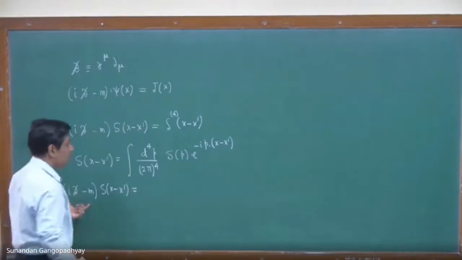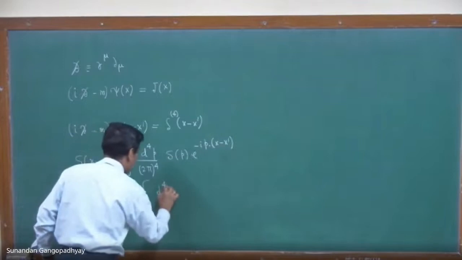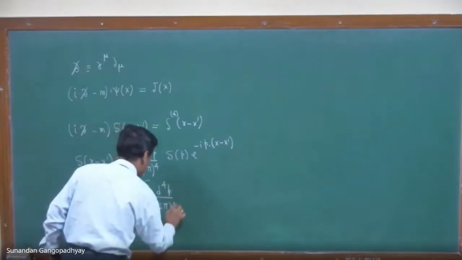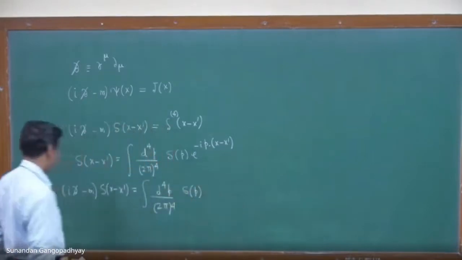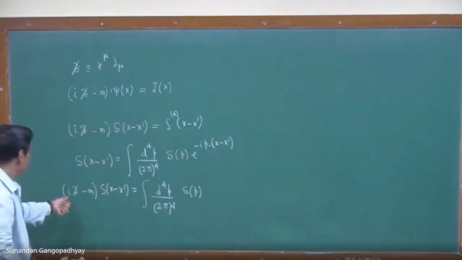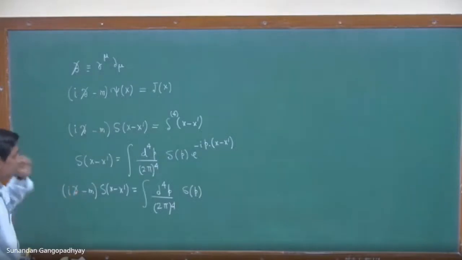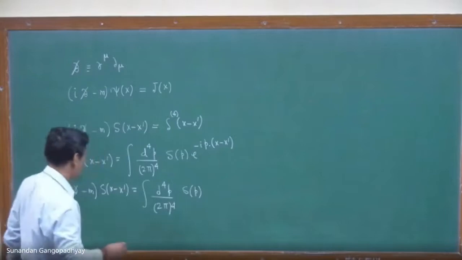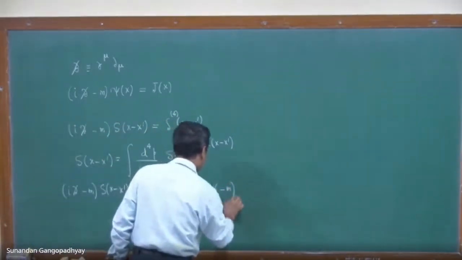So now this operator acts on this part, and when it acts on that exponential of minus i p x, I will get a minus i p, and the other minus will give us a plus. So what we shall have is p slash minus m.